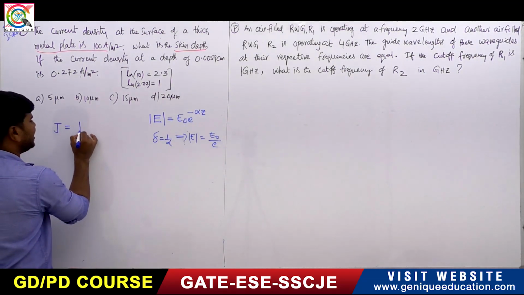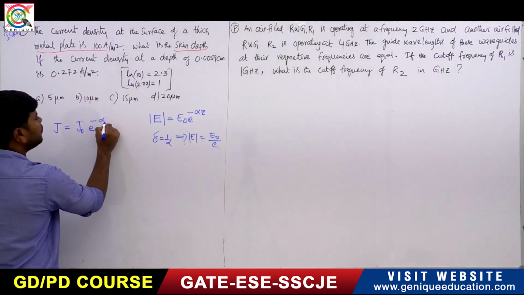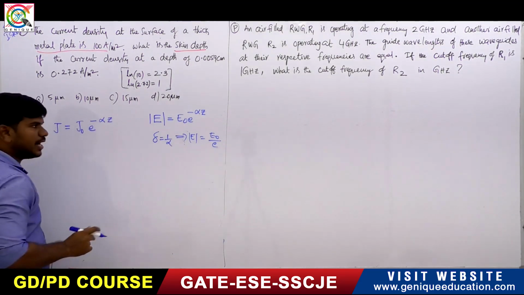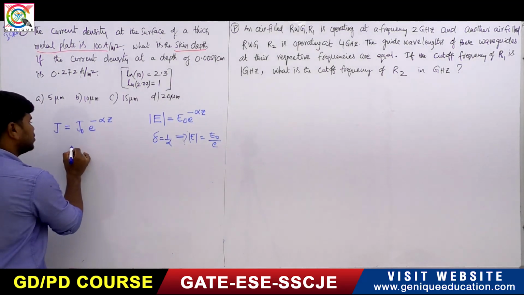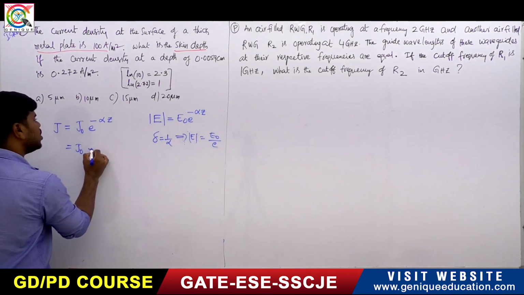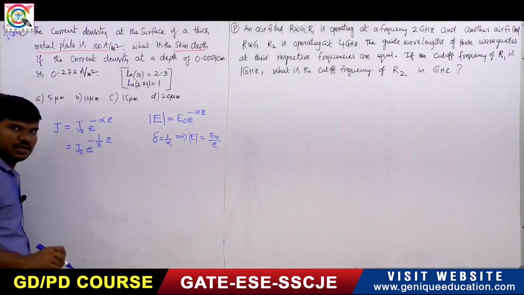So J can be written as J0 e^(-alpha z). We already know alpha is equal to 1 by delta, so I can write J0 e^(-(1/delta) z).